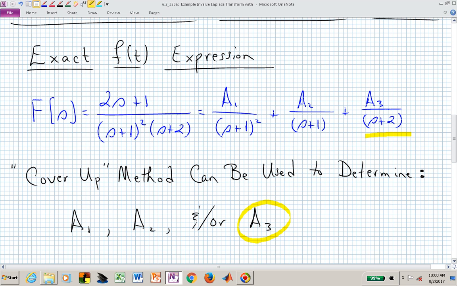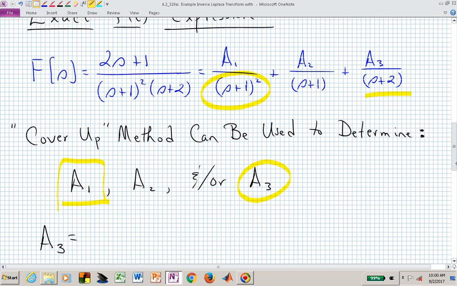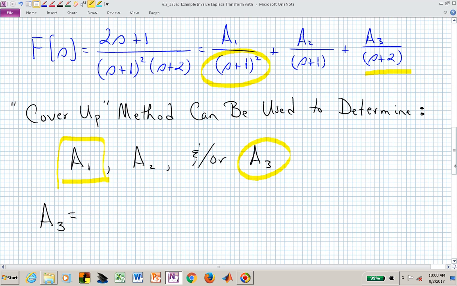We can also use the cover-up method for the coefficient associated with the highest power of the repeated root. In this case, we have an s plus 1 quantity squared, and we've identified the coefficient for that to be a sub 1, meaning we can now use the cover-up method to find both a sub 1 and a sub 3. So let's now find those two numerical values using our cover-up method.